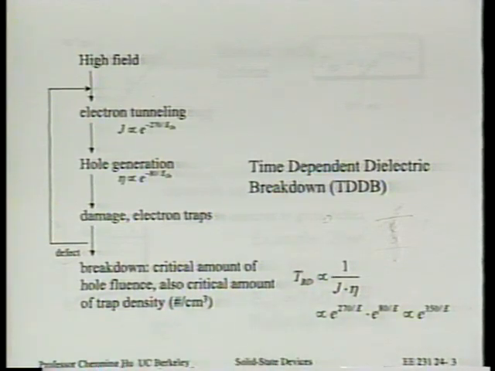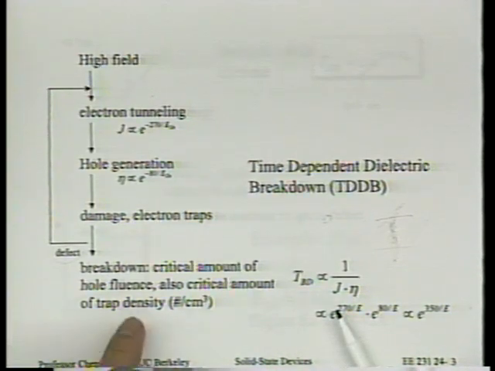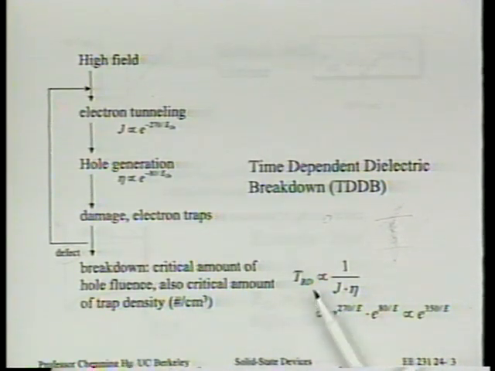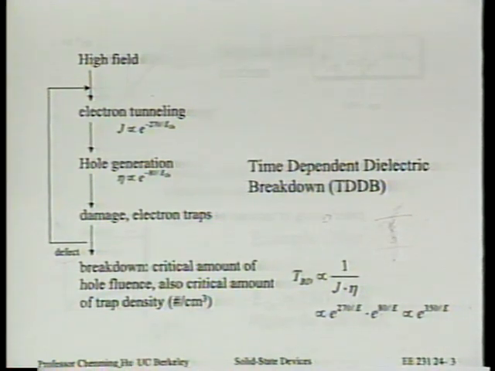Looking at this model, if we want to write down an equation for lifetime, do you agree that this is a reasonable model right away, without talking about anything else? Since we agreed that a certain amount of critical hole fluence may be passed, the lifetime must be inversely proportional to the electron tunneling current density and inversely proportional to the hole generation efficiency, because the product in the denominator is really the hole current density.